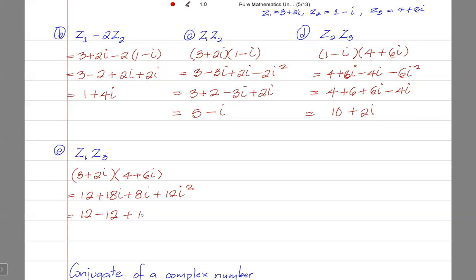And then we have 18i plus 8i. So 12 minus 12 is 0, and 18 plus 8 is 26. So it looks like our final answer is 26i. All right, any problems? Are we good? Yes, sir. All right, so let's move on now to the conjugate of a complex number.